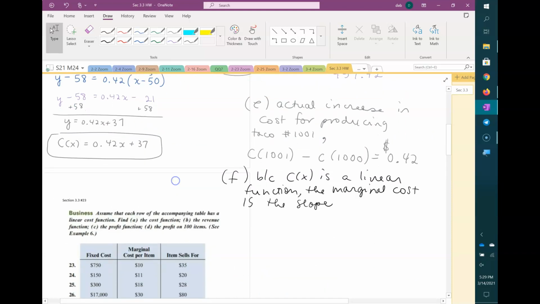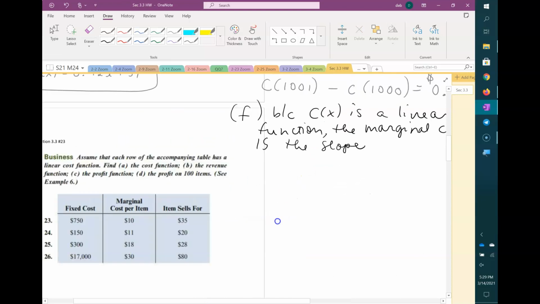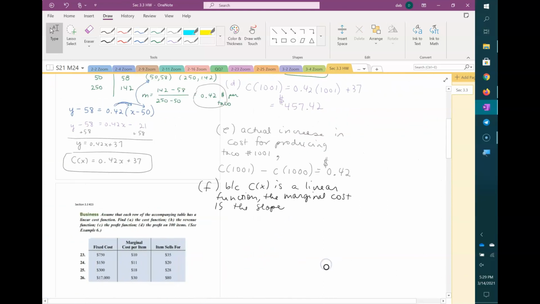So to go from 1001 to 1002, 42 cents. To go from 2000 to 2001, 42 cents. So because it's a linear function, the amount to increase production by 1 is the same no matter what production level you're starting at.